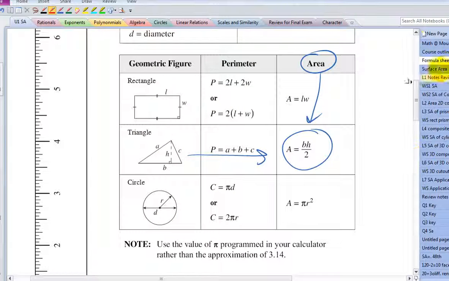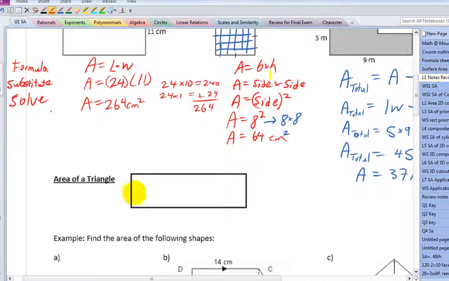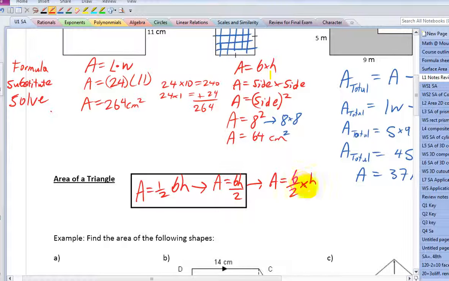A good formula to use: 1/2 base times height is one way of writing it. But in your formula sheet, they go base times height divided by 2. Now you could also write it as base divided by 2 times height. That's one way of doing the math in your head. Or base times height divided by 2. It doesn't matter when you're dividing by 2 as long as you do it somewhere. That way you can do the math in your head rather than use a calculator.